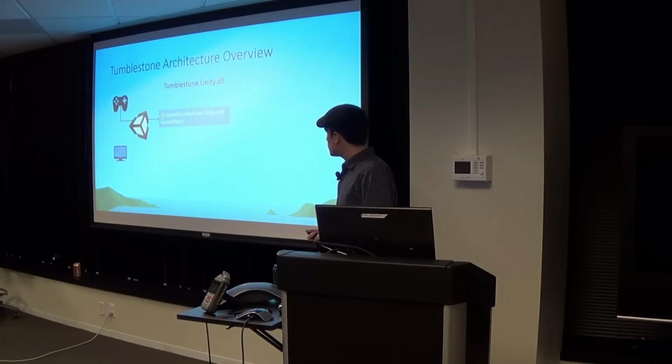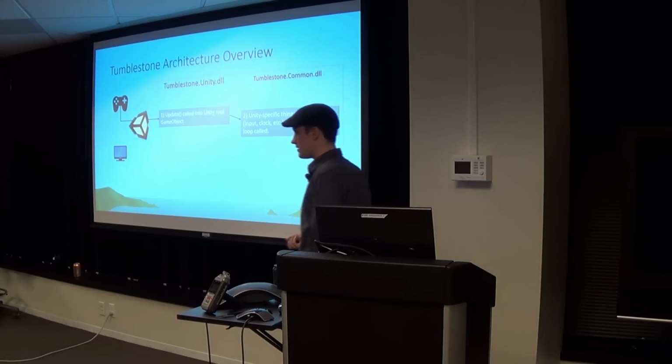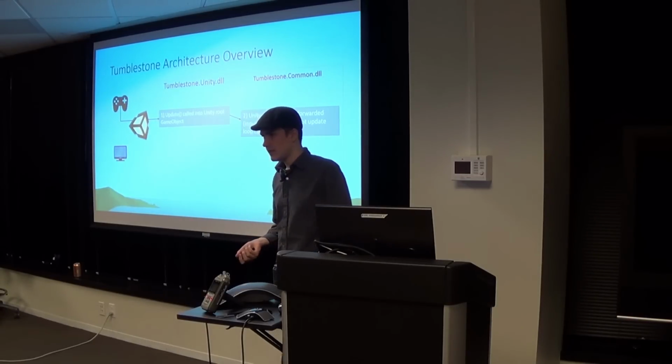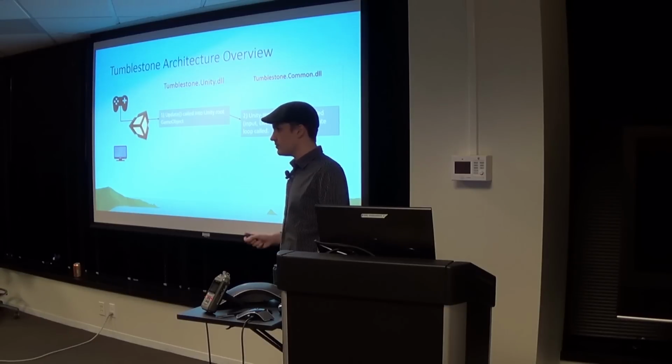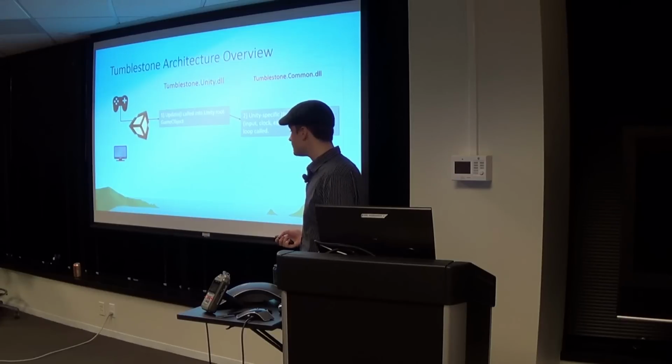Now when that happens, we manually plumb over some properties from Unity that we couldn't get because of our lack of a Unity reference. So for example, some input, the current game clock, anything else gets plumbed over into our root model object in our common DLL, which houses all of our models.